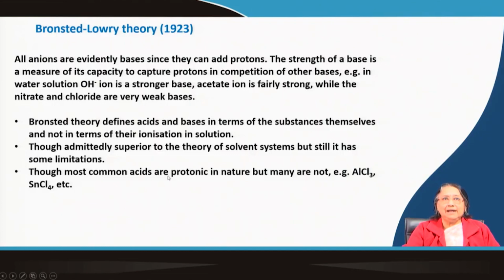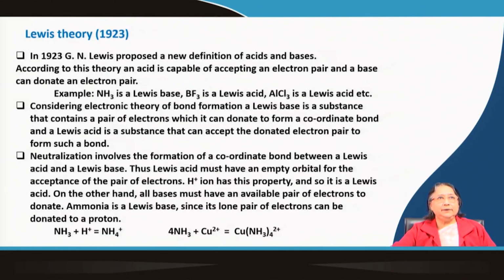Though most common acids are protonic in nature, many are not. For example, aluminum chloride is acidic, but how can it be explained in terms of Bronsted theory? It is not possible. And stannic chloride is also acidic, so how can it be explained by Bronsted theory? These are the limitations of Bronsted theory.